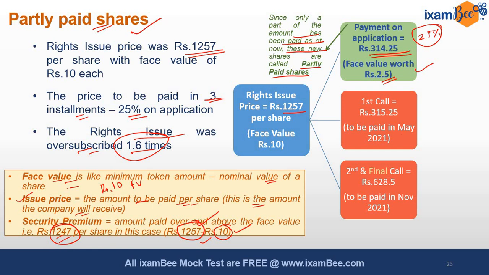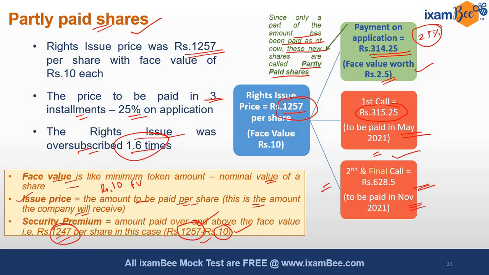The second installment is to be paid by May 2021, 315 rupees, another 25%. You can call it the second call, but if there is a different kind of issue, the third call may be the final call. So remember this is the second and final call. The remaining 50% of the issue price is to be paid in the final call by November 2021.